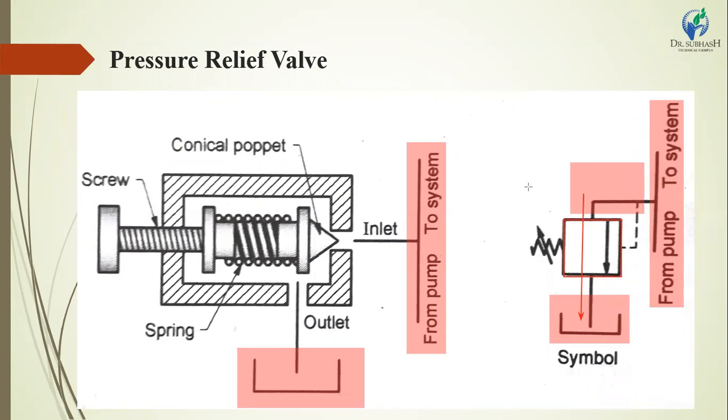Here a dotted line is mentioned. The dotted line means that sometimes the hydraulic valve is choked up and not in working condition. At that time this bypass line directly operates and controls the pressure inside the system. This is the pressure relief valve and its symbol.